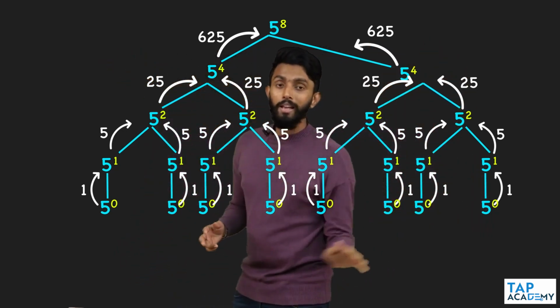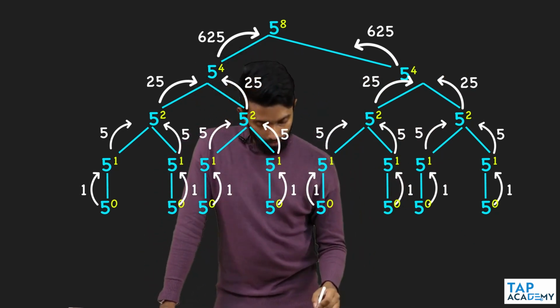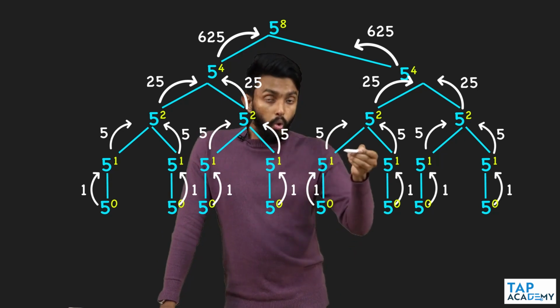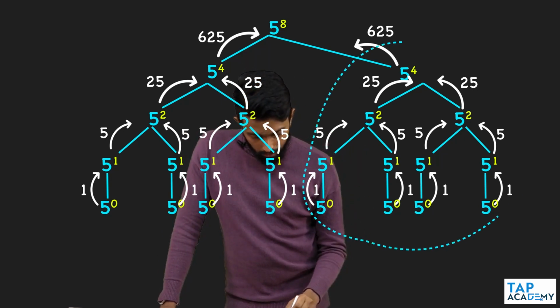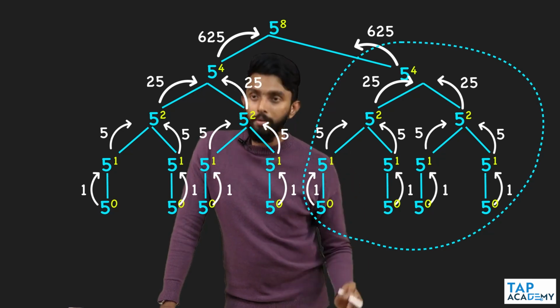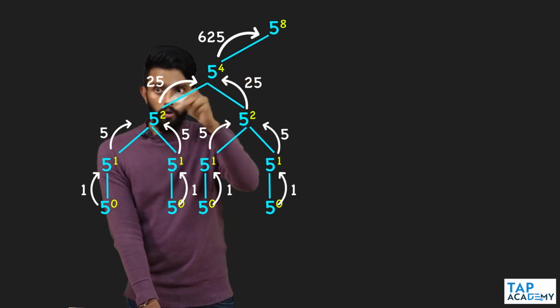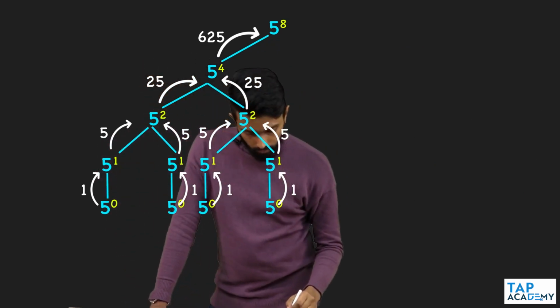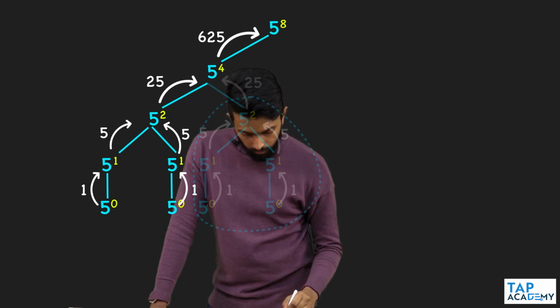So this side can be eliminated. Efficiently speaking, if I store it somewhere and multiply, this entire side can be eliminated. Even here, 5 to the power 4, 5 to the power 2, 5 to the power 2, this entire side can be eliminated.